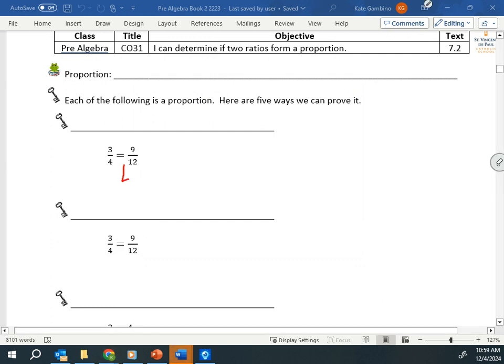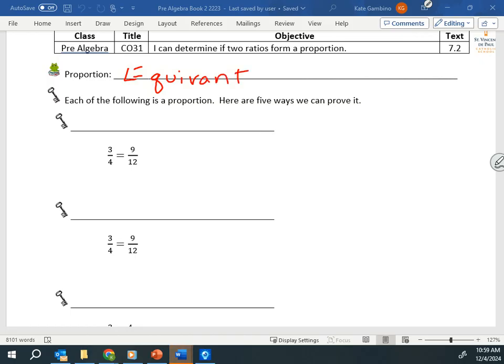A proportion is equivalent fractions, ratios, and rates.